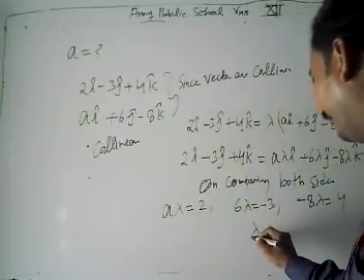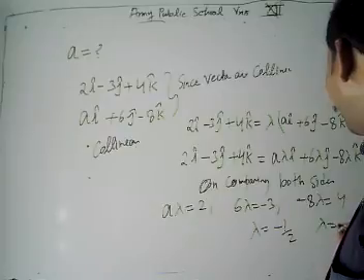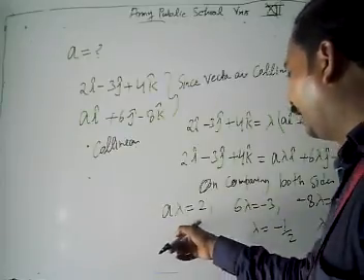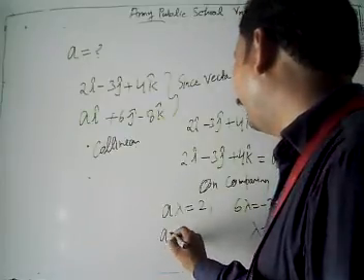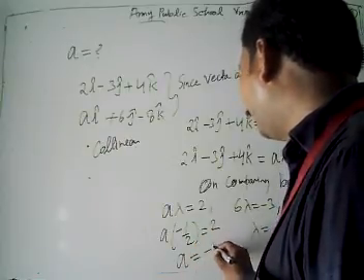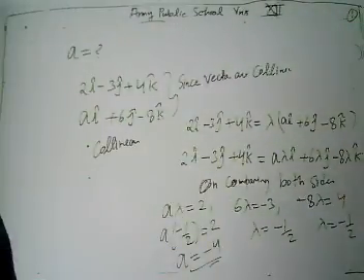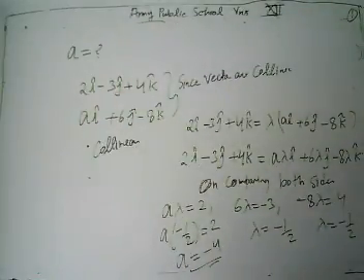From these we get the value of lambda as minus 1 by 2. Here also we get lambda is equal to minus 1 by 2. Now we put minus 1 by 2 here: a times minus 1 by 2 is equal to 2. Then the value of a is minus 4. So for a equal to minus 4, our given vectors are collinear to each other.